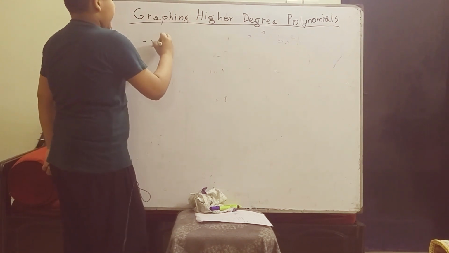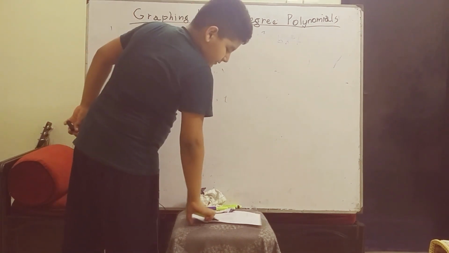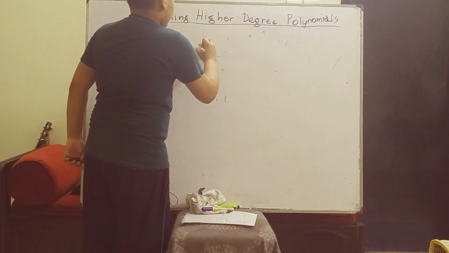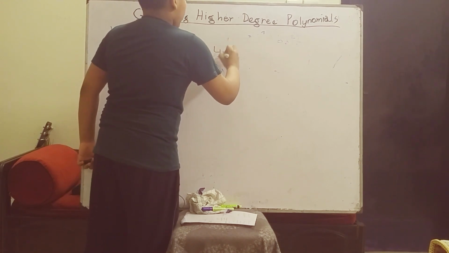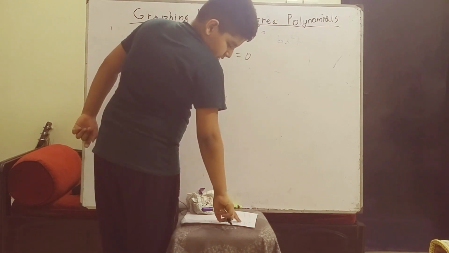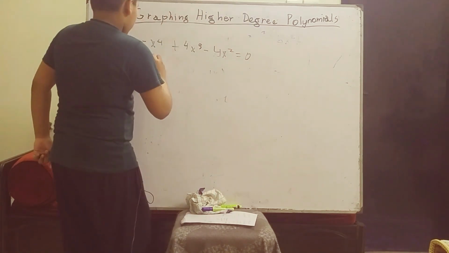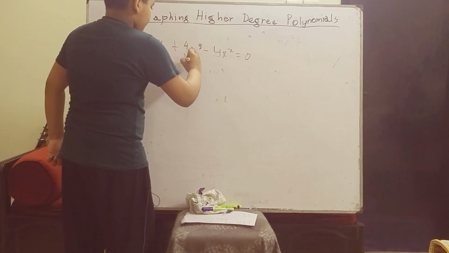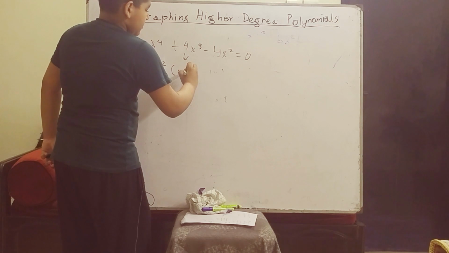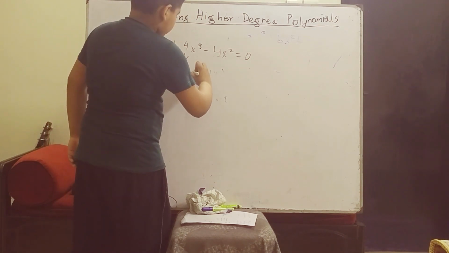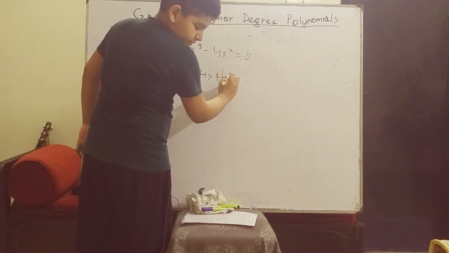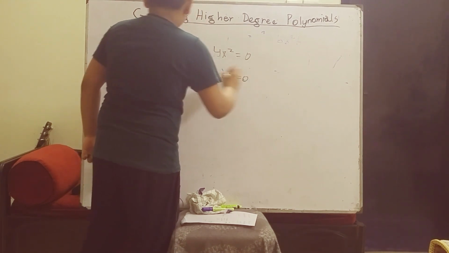Let's say we have negative x to the 4th plus 4x cubed minus 4x squared equals 0. Doing synthetic division, it's negative x squared times the group x squared minus 4x plus 4 equals 0.